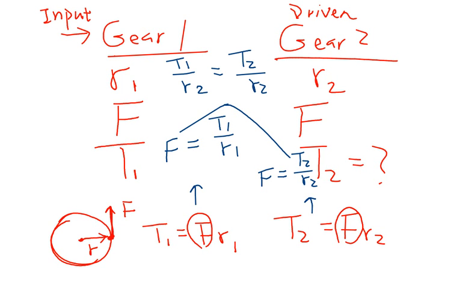Usually you know the torque in the input gear, so I know T1 and I'm trying to find T2, so go ahead and solve for T2. Whoops, I miswrote this. So T2 is T1 times R2 over R1.